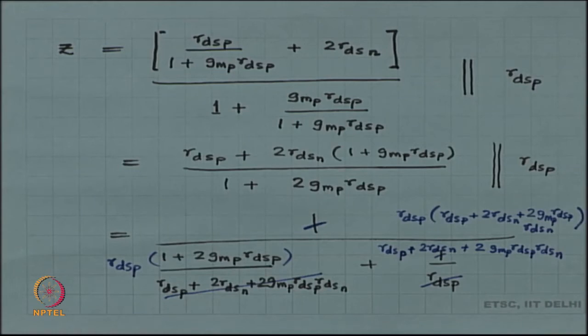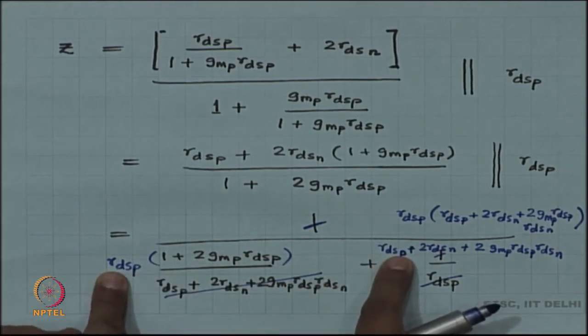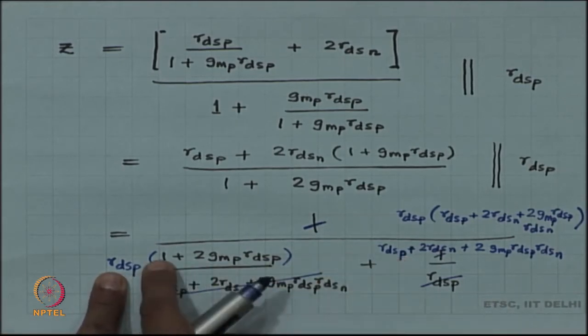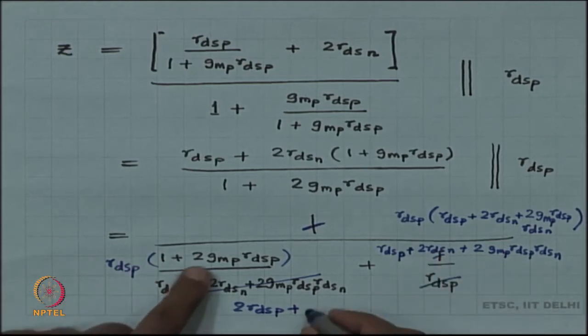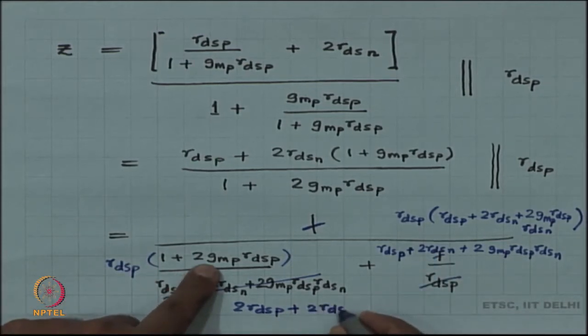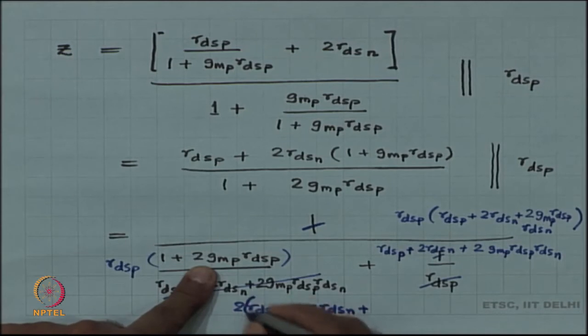Okay. And then you can combine the two. So, you get 2 times RDSP in the denominator, 2 RDSN, 2 times this. So, the 2 factor actually can come out.